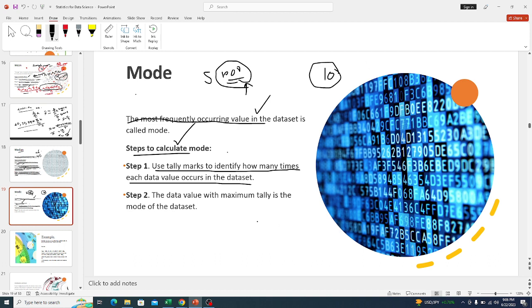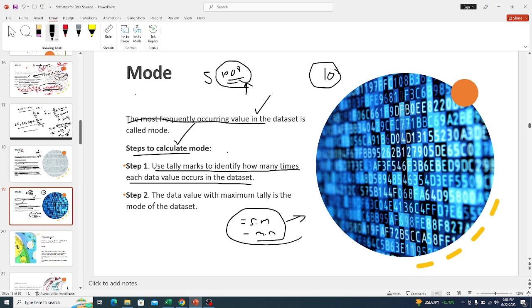But now we can use the Excel functions. We have the single mode and the multiple mode function, which can return the mode in the easiest way and within a short time, regardless of the size of your data.